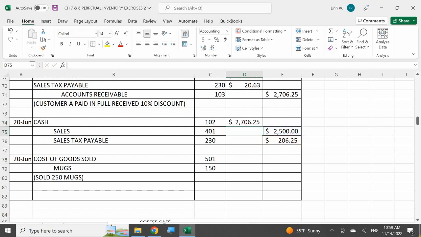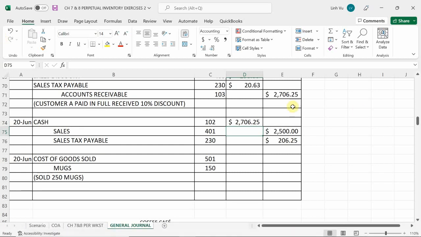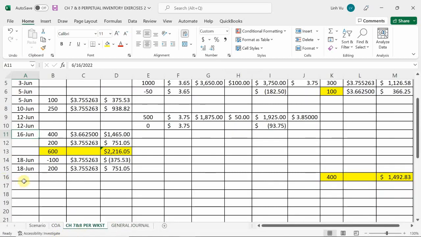So therefore, you're going to be having a grand total of $2,706.25. Now we need to figure out how much that total cost is to sell the 250 mugs.